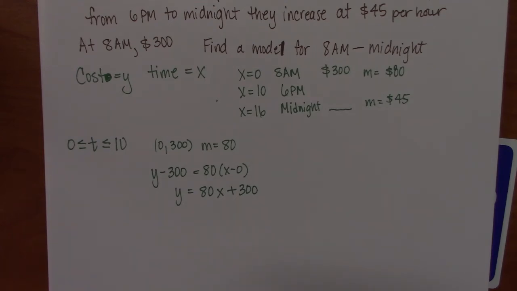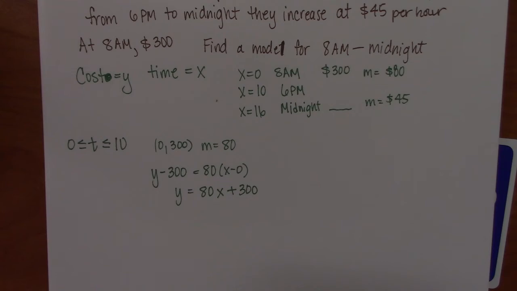Now, they did not give us a second data point for what's happening at 6 p.m. So this is one of those situations where if I had this problem on an exam, I would treat it like the cell phone bill, where I wouldn't say that there's maybe a jump in the cost without giving anything else. I'd say, well, I'm going to assume this is a continuous function. So I might make a note on there, assuming a continuous function.